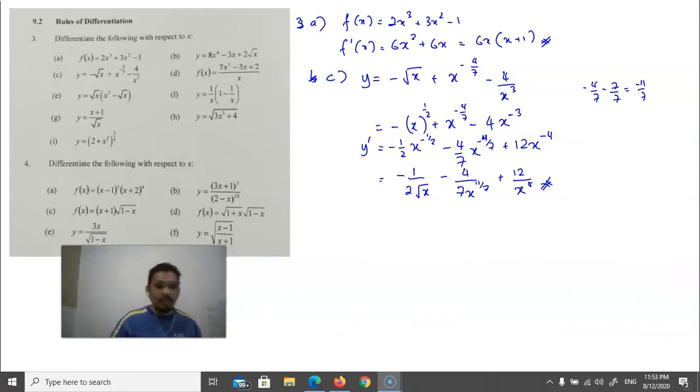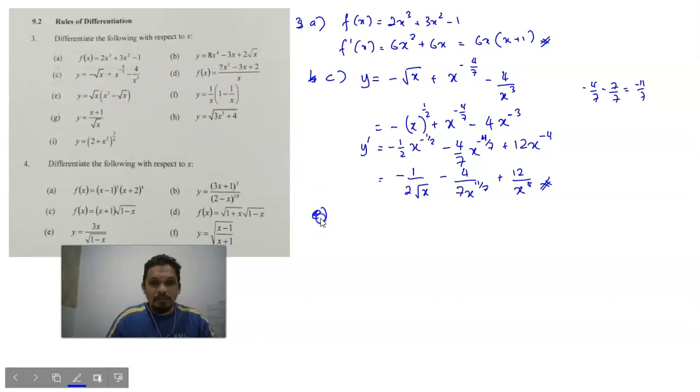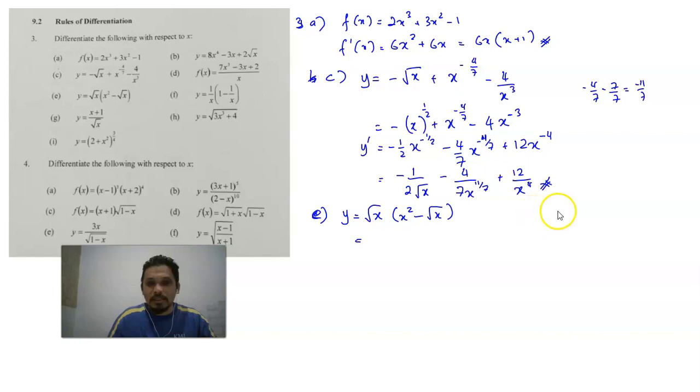Okay, then next question. What about this one here now? No. Okay, question E. y equal to square root of x times (x squared minus square root of x). Square root of x means x to the power of half. So then this one, x to the power of 2 plus 1 over 2.